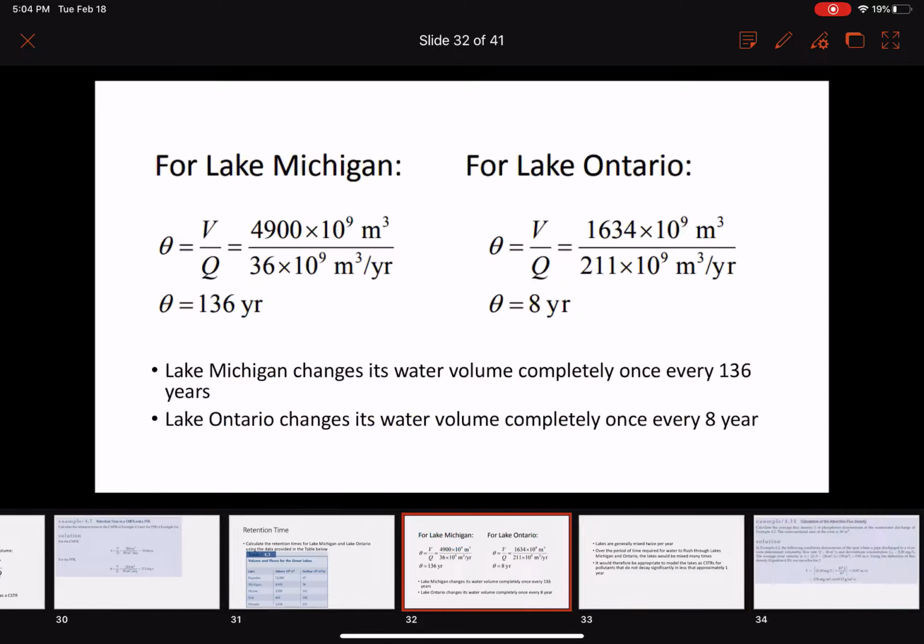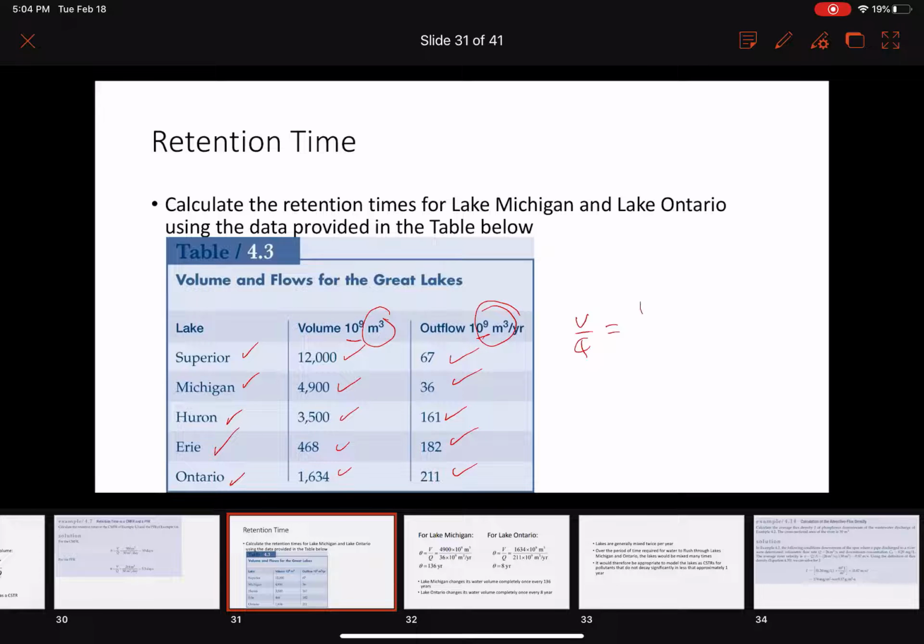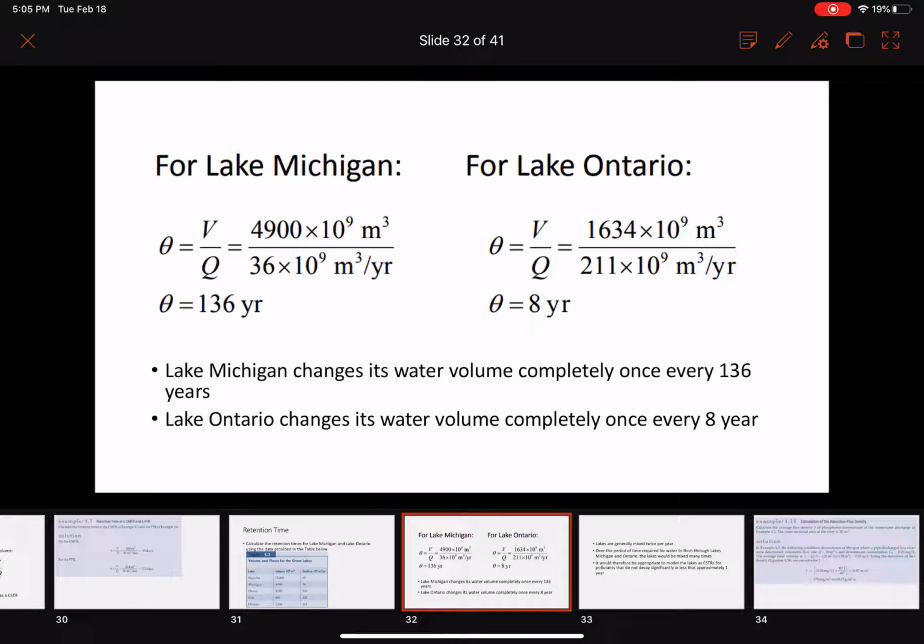For the first one, it's 12,000 times 10 to the 9, which of course is going to cancel out, over 67. Meter cube cancels with meter cube, and you'll end up with years.